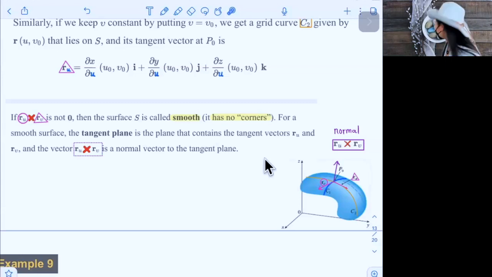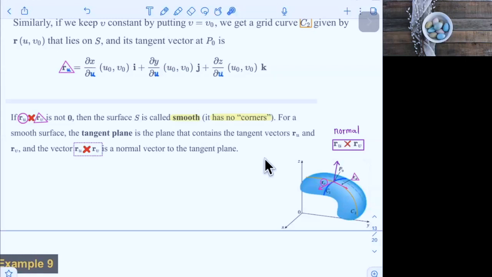Remember in the past when we wrote the equation for the plane, it's important to find the normal vector, right? If you have a point on the plane and a normal vector, you can write the equation for the plane. But how do you find this normal vector? The normal vector has to be perpendicular to every vector in the plane, right?